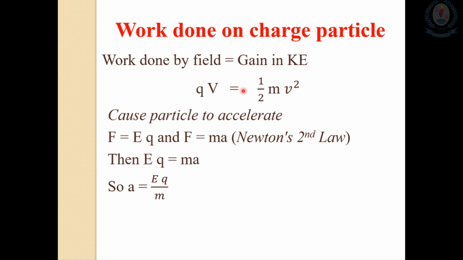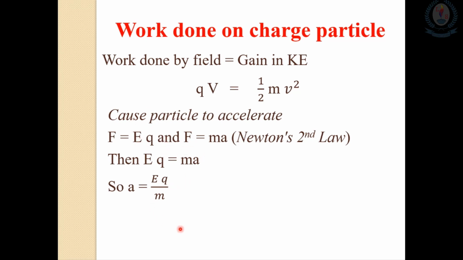So what causes this? It is caused by the resultant force that acts. What is the resultant force? The electrostatic force, given by F equals EQ, and from Newton's second law the resultant force is F equals MA. Since the resultant force is provided by the electrostatic force, MA is equal to EQ.